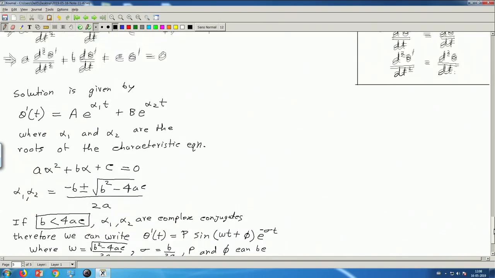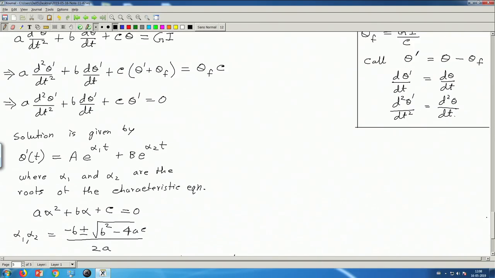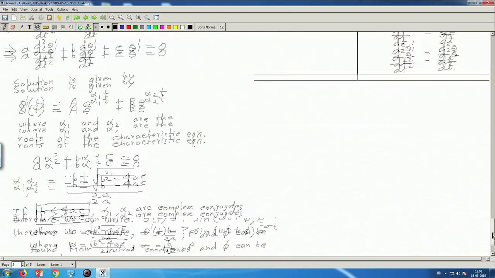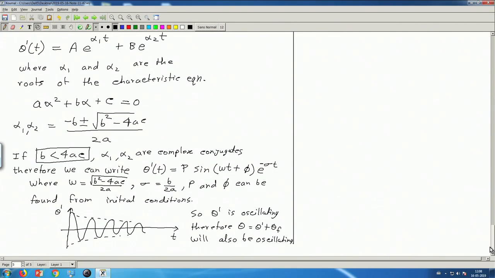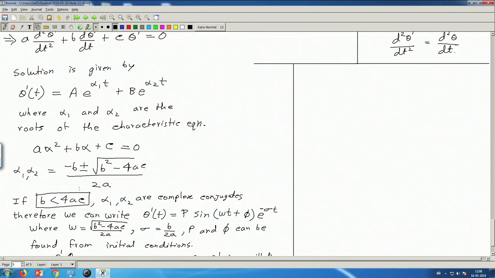Okay, now what will happen if I increase the value of b?